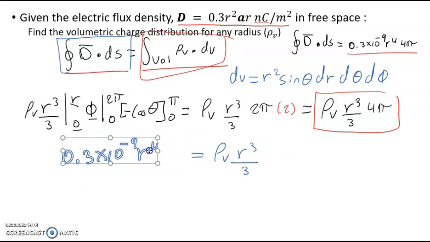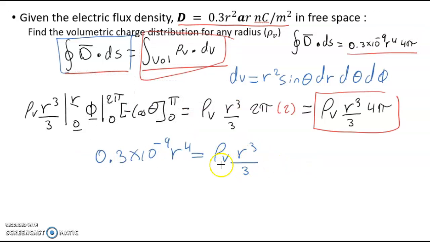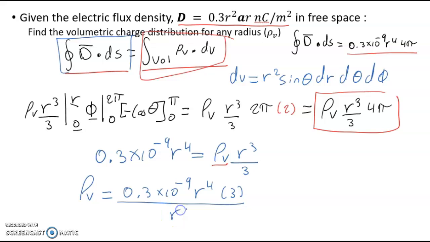Then we just start solving for rho v. When solving for rho v, we will have rho v equal to 0.3 times 10 to the minus 9 times radius to the 4, multiplied by 3 and divided by radius cubed. If that's the case, I can erase these 4 and this one right here, and these 3 can be multiplying this one right there.